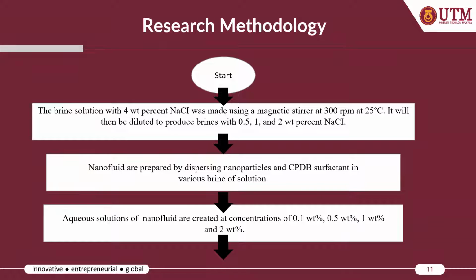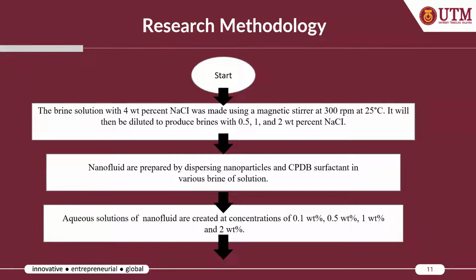We start with a brine solution prepared at 0.5 to 4% concentration. Next, nanofluids are prepared by dispersing nanoparticle and CPDB surfactant in various brine solutions. The nanofluid concentrations will be created at 0.1, 0.5, 1, and 2%.